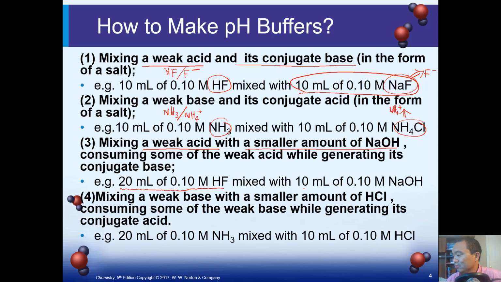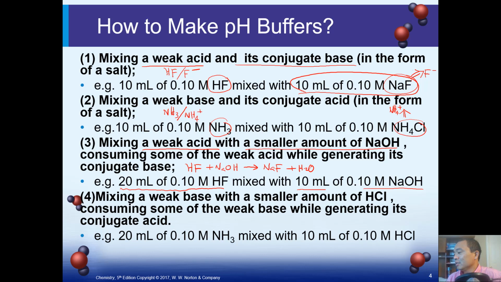If you mix with a smaller amount of NaOH, remember, NaOH will react with HF. Since we have a smaller amount, some of the HF is converted to NaF and water as well.